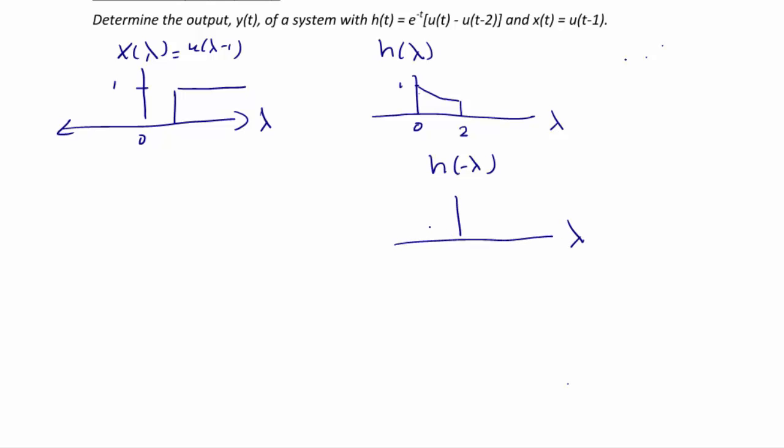So h of negative lambda starts at negative 2 and it's exponentially decreasing to 0. So that function would be e to the lambda, u of lambda plus 2 minus u of lambda.